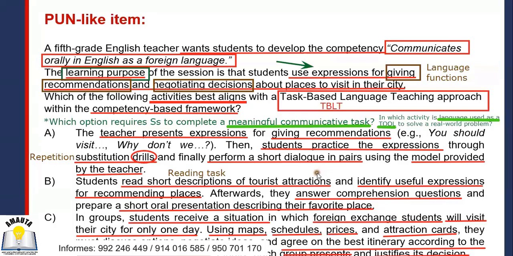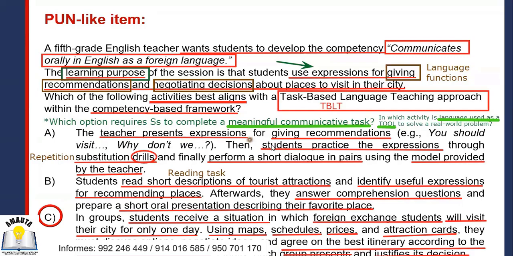My dear teachers, the activity best aligned with this approach, as you said on the chat box, is definitely the third, letter C, right? The rest are distractors. Here the teacher presents the expressions, yes, that part is okay, but then with the substitution drills, the teacher is not really developing this competency.